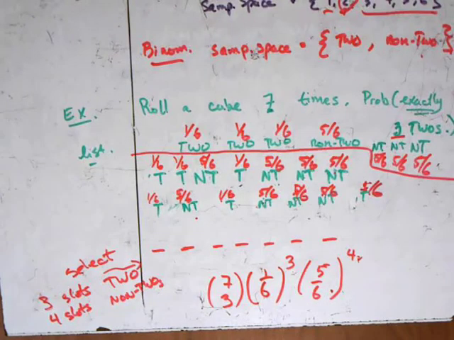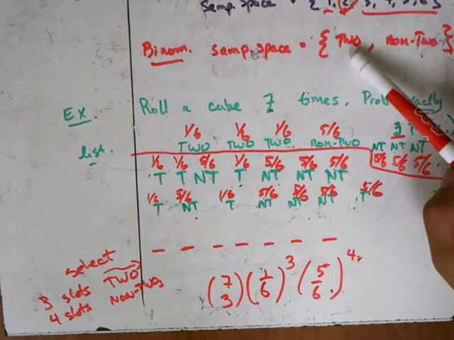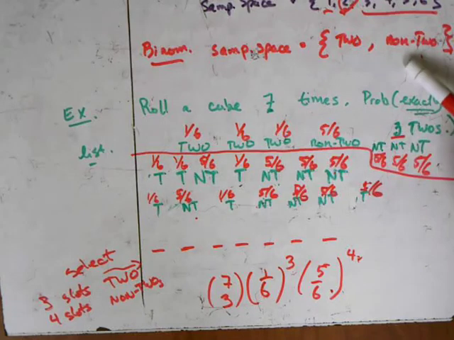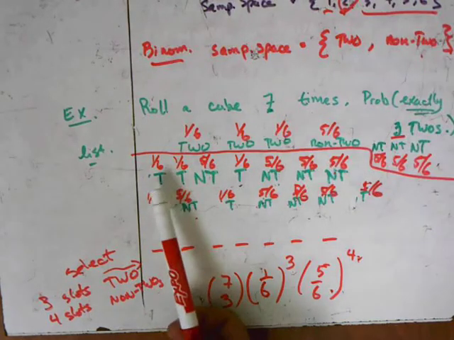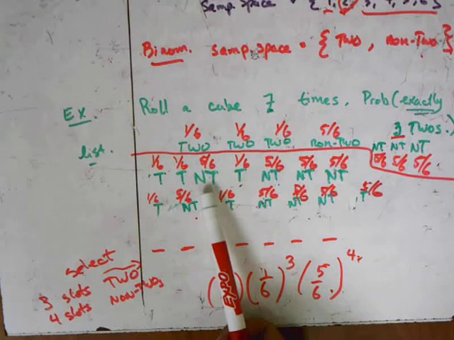Now, I've said the word 2s and non-2s so many times that it may have lost all meaning. But just go back and think about this a little bit. There are 2 events. When I get a 2, that's like saying yes. A non-2, that's like saying no. Did I get a 2? Yes or no? You can look at these as yeses, and the non-2s as nos.